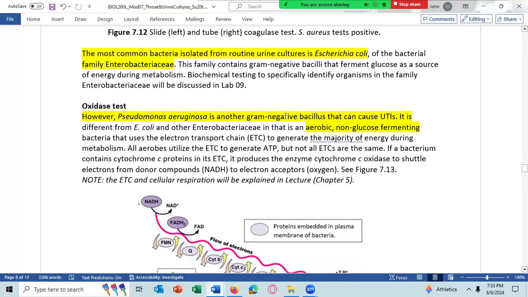They're both gram-negative bacilli, but the Pseudomonaceae are all oxidase positive, and the family Enterobacteriaceae are all oxidase negative. The Pseudomonaceae are also all aerobic and non-glucose fermenting species, and the family Enterobacteriaceae are all facultative anaerobes, and they can all ferment the sugar glucose.